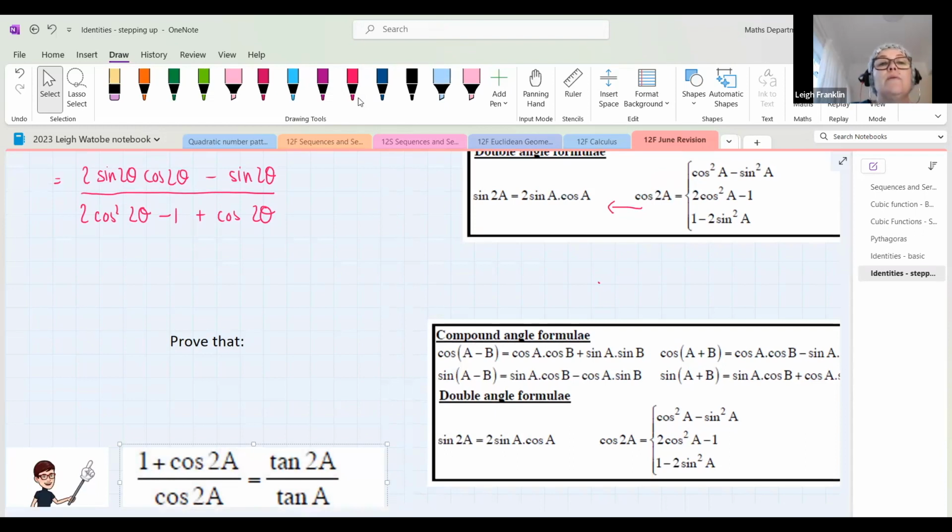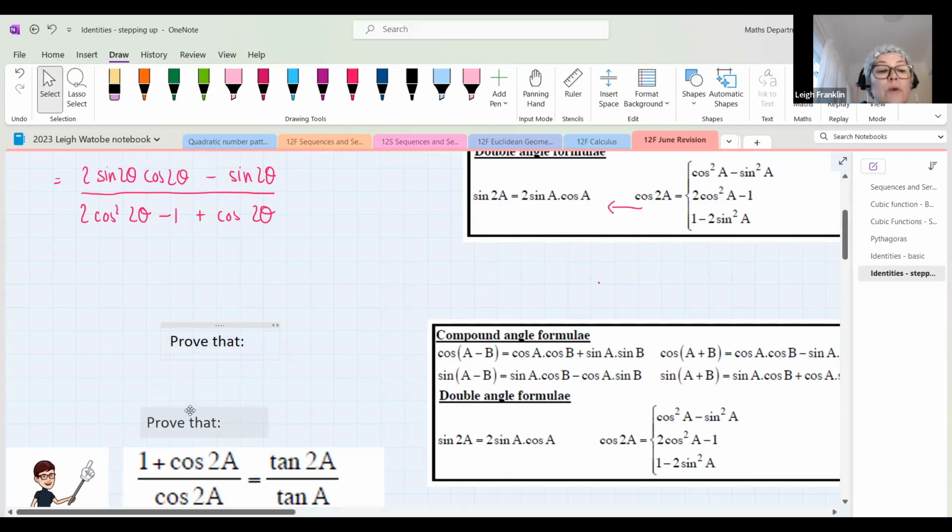Let's see who's got a hand up. Amahle, I think your hand was up first. Cos 2 theta in the numerator. Oh, Gugu, sorry, that was my hand from earlier. Okay, no problem. So it would be sine 2 theta. That's right. Those of you that said sine 2 theta, that is 100% correct.